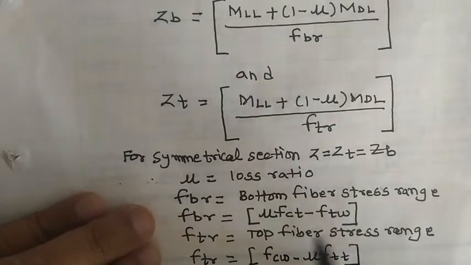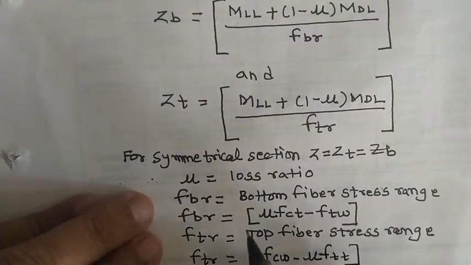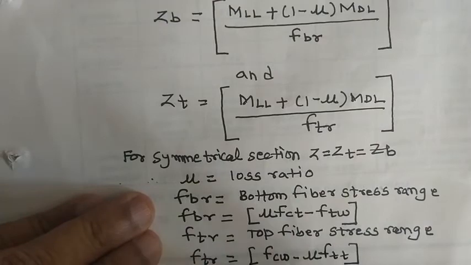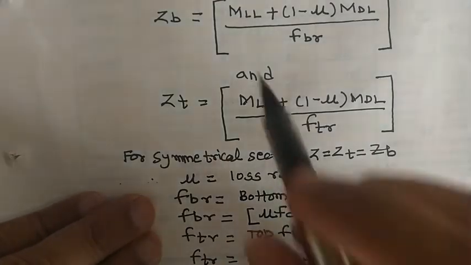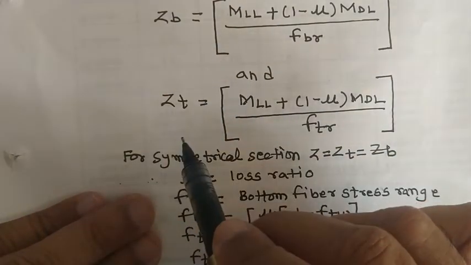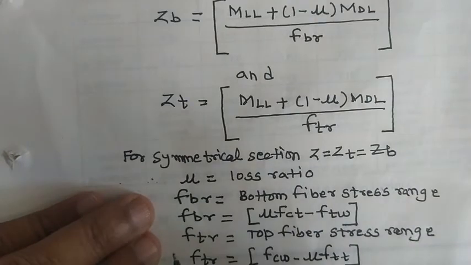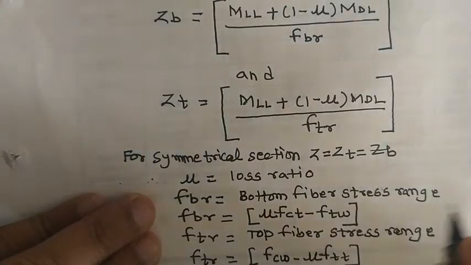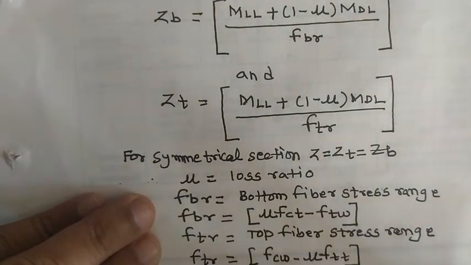All these formulas for FTR and FBR, Z top and Z bottom are derived considering the permissible stresses, minimum sectional modulus and critical loading condition of dead load and live load.